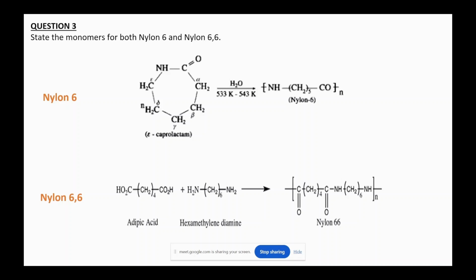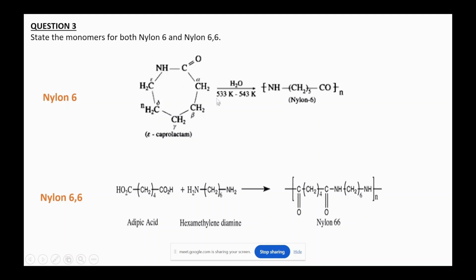So what kind of reaction is this? Leave aside nylon 6,6. Nylon 6 is not a condensation polymerization reaction; it is called ring opening polymerization. Here it's a cyclic molecule, a ring.